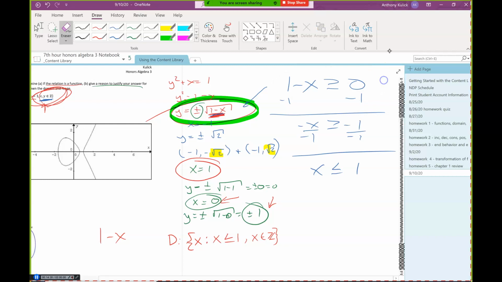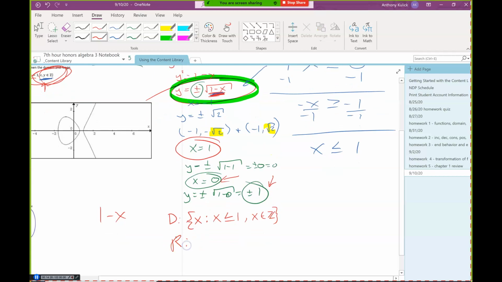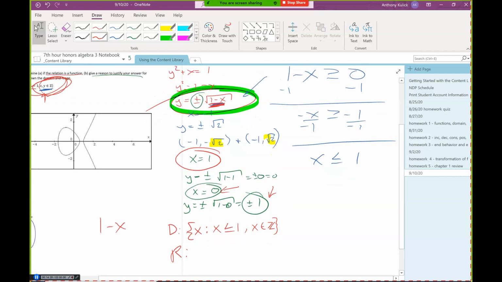Okay, should we do the range? Okay, the range is actually easier because it's based on the domain, basically, right? So is there a value for x that gives me a y value of 0?